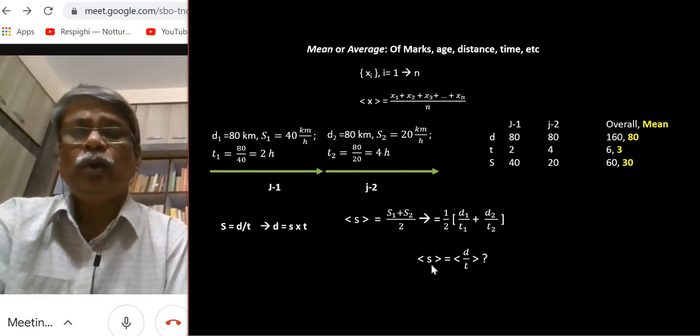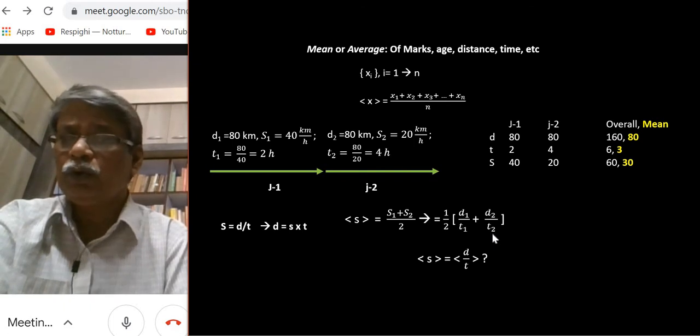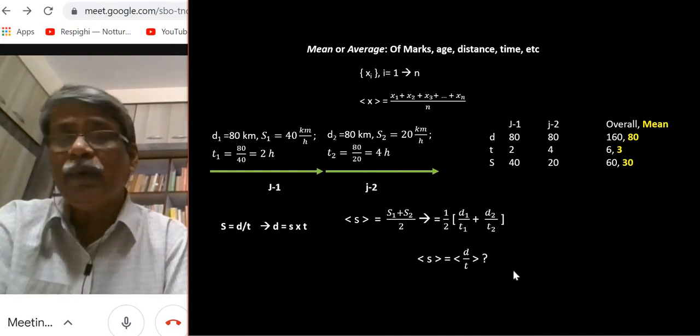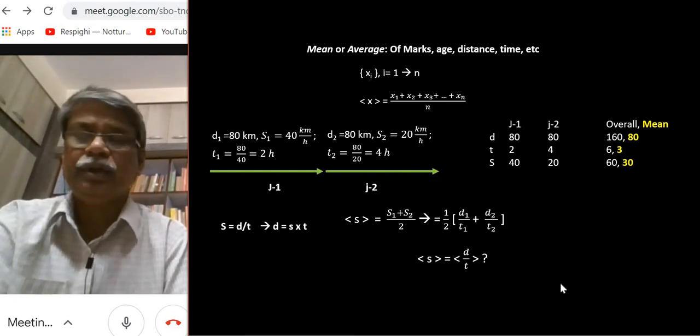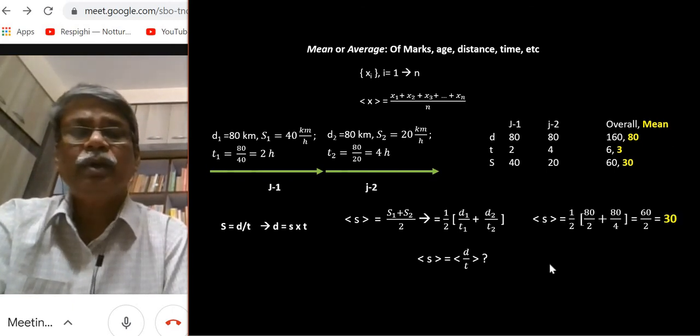Well, you can think of it another way: it is a sum of two terms, one is D by T for the first phase, another is D by T for the second. So it is the sum of D by T divided by 2. That means it is an average of the D by T terms as per the definition, right? So either of these two, and let us calculate that S average.